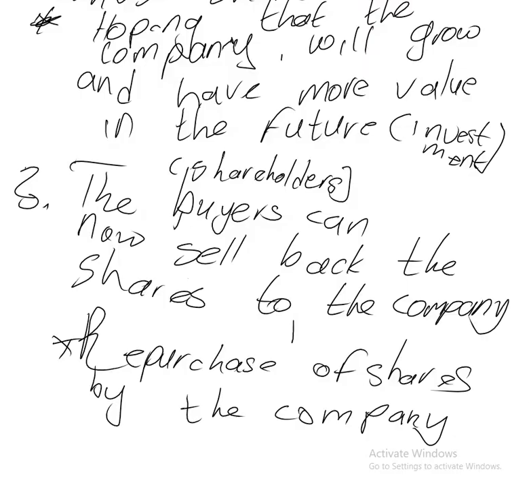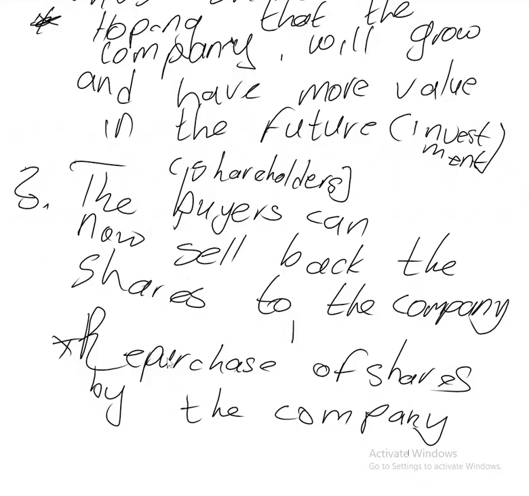Because the shareholder can now say, I know I bought this from you at this price, but now I feel that this company has gone up and it has given me the return on investment that I intended to get. So I'm selling them back to you. What price can we agree upon?